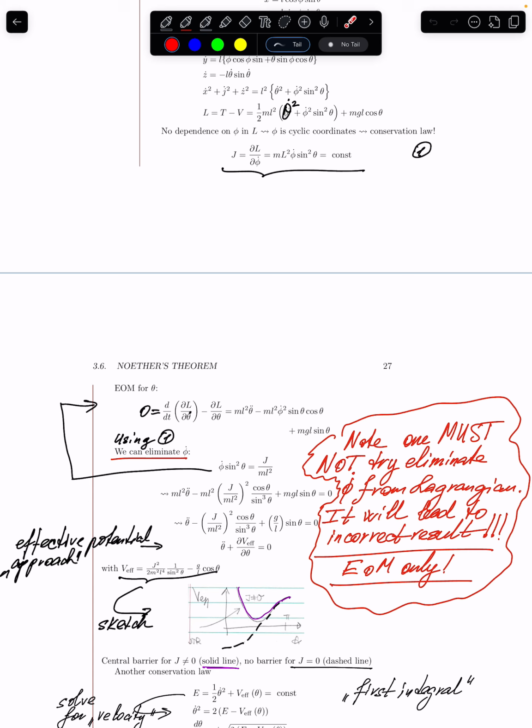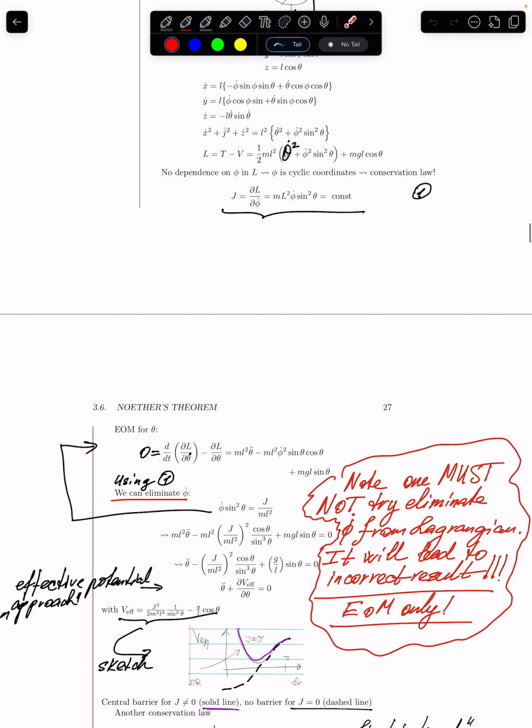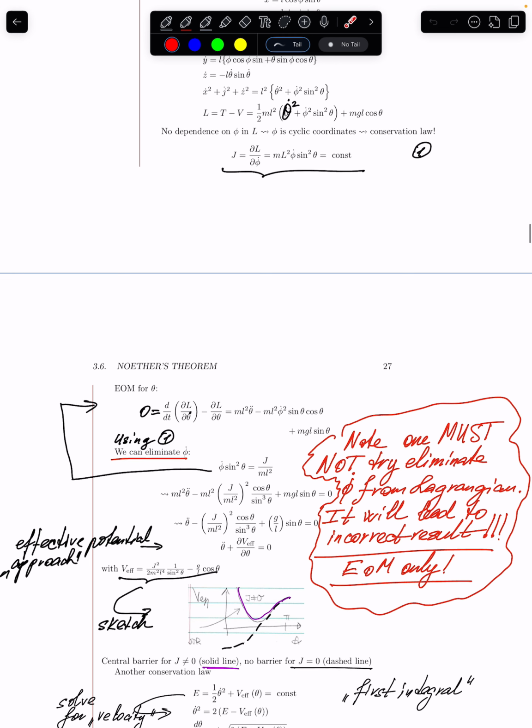What terms are present here? Well, the second derivative with respect to time of theta. There is also phi dot squared present, which appeared when we were differentiating the sine of theta. And there is also this combination again, which is just from the potential term.